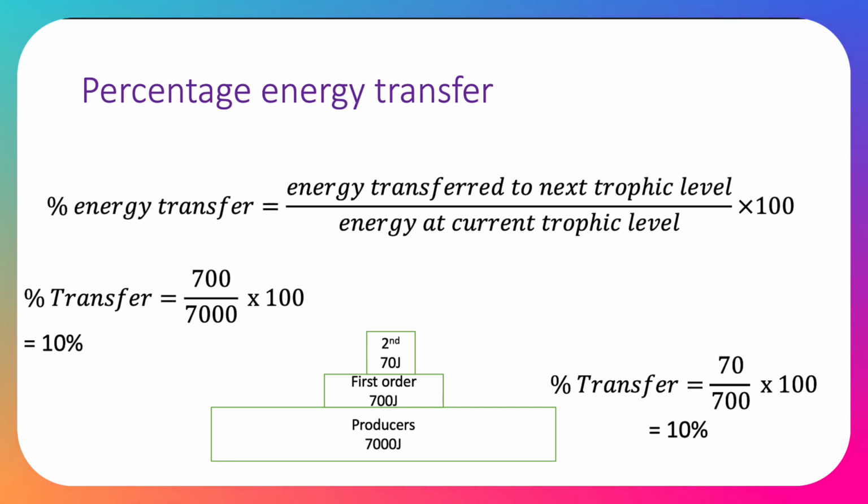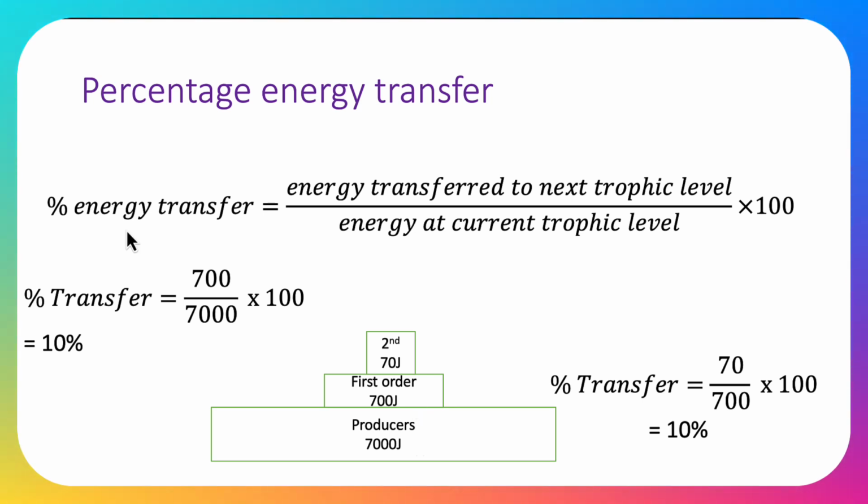Now, one thing we can do to quantify this energy transfer is to determine how much energy is actually passed from one trophic level to the next. So we can see we have 7,000 in the producers and 700 in the first order consumers. So that's going to be 10% energy that has been transferred from one to the other.